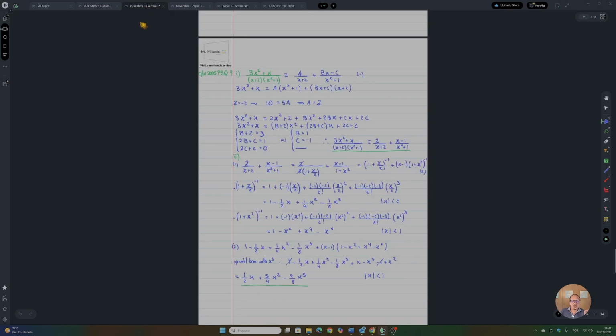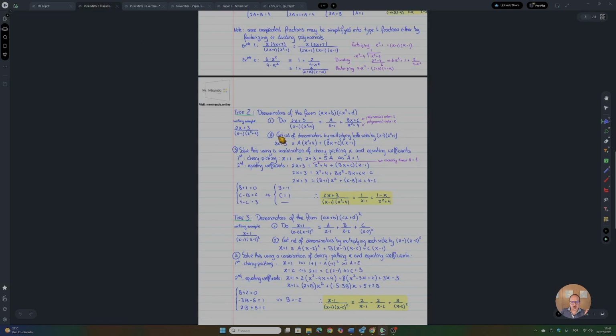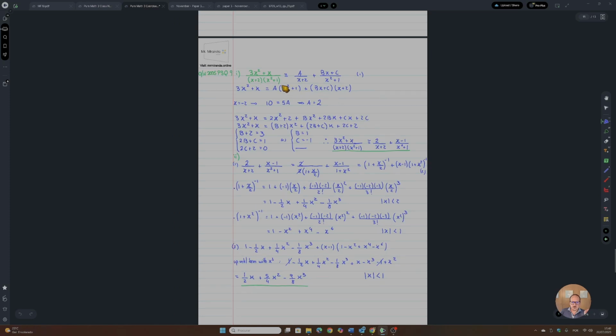Now that I've done this, I need to continue following the rule. The next rule says to multiply the whole thing by the denominator that you have over here. The idea is that you eliminate on the left-hand side this denominator altogether, just leaving the numerator. And now each one of these fractions is going to eliminate the term that is similar to the denominator of each one of the fractions, leaving the other one.